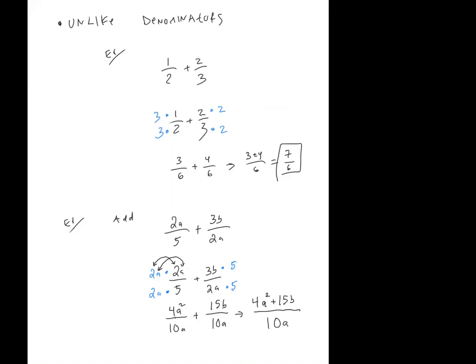And it doesn't look like it can, because the top has no GCF, which means we can't really do anything. So this is our answer there. A nice first example of adding fractions with unlike denominators. Any questions, y'all, with this example?